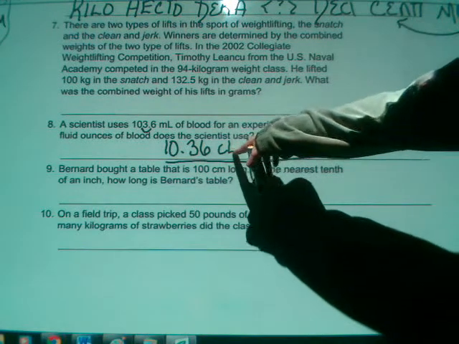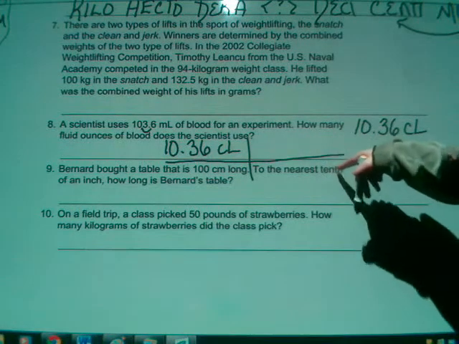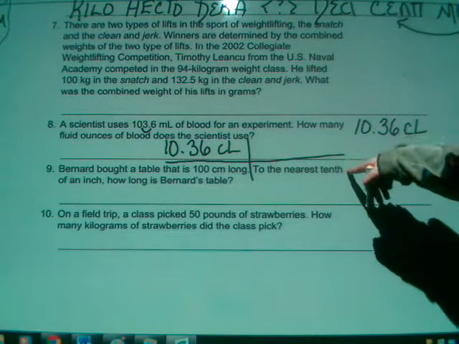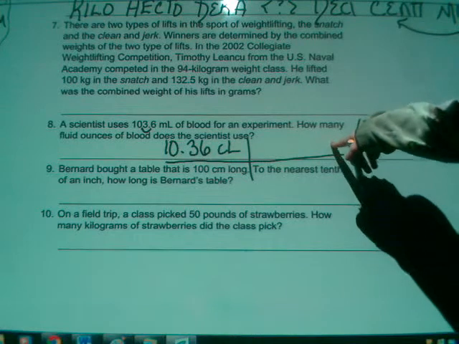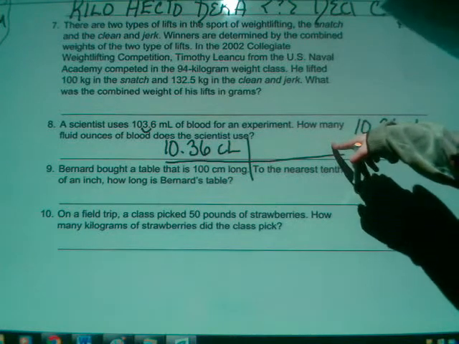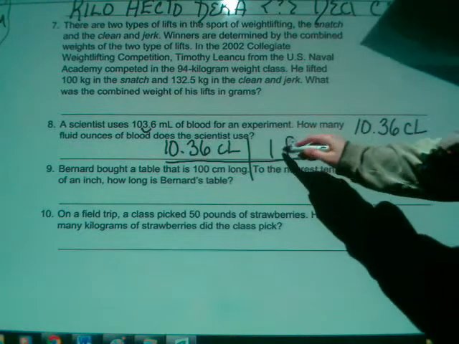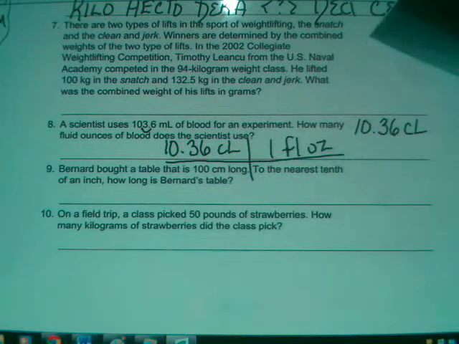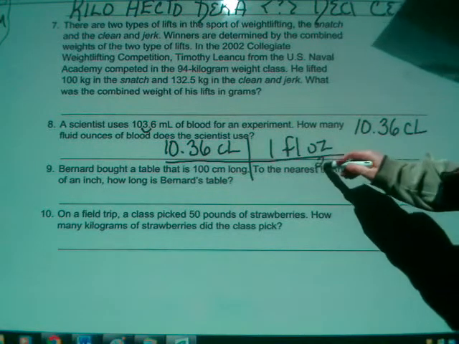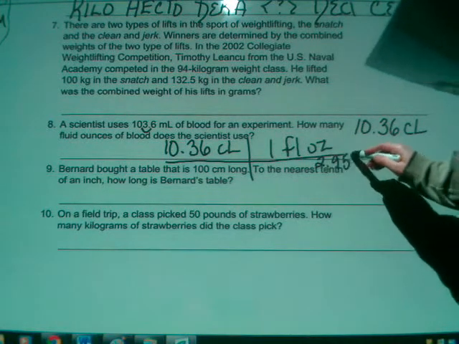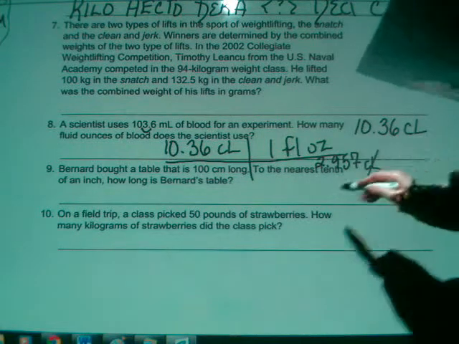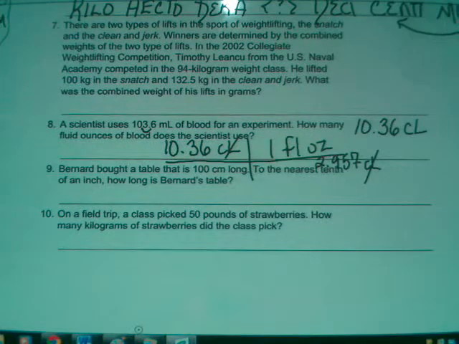So since centiliters is here, the other centiliters thing is going to have to go down here, which is going to push that fluid ounces thing up here. So 1 fluid ounce is the same as 2.957 centiliters. We see centiliters canceling centiliters diagonally. Notice the unit I did not cross out is fluid ounces. That's how we know we got to where we're supposed to be.